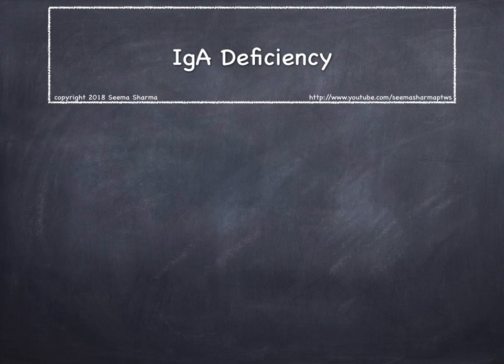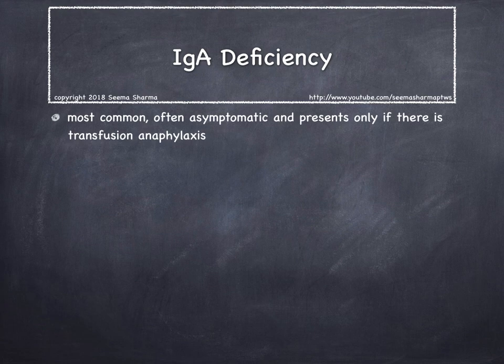IgA deficiency is related to CVID. It is the most common immune deficiency, but it's often asymptomatic and presents only if there is a transfusion anaphylaxis, so if they're transfused with blood that has anti-IgA antibodies in it.